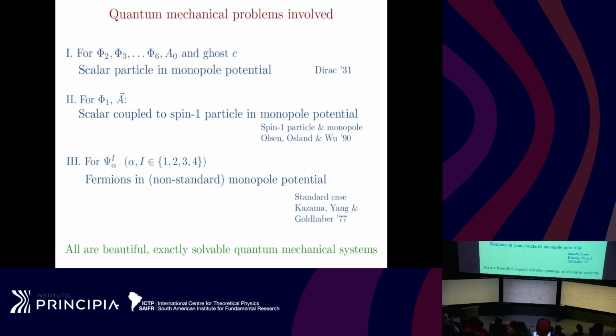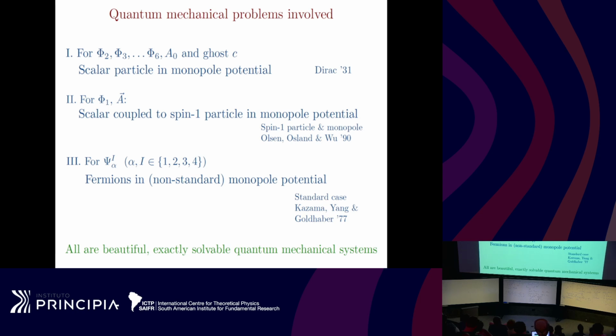So the first problem was actually solved already by Dirac, and several other people in the early days of quantum mechanics also improved on his solution. The case of a spin 1 particle in a monopole potential was solved in the 90s by Olsen and others, but our problem is a little bit different, and you will see that the underlying integrability of our model actually makes this problem nicer than the single spin 1 problem.